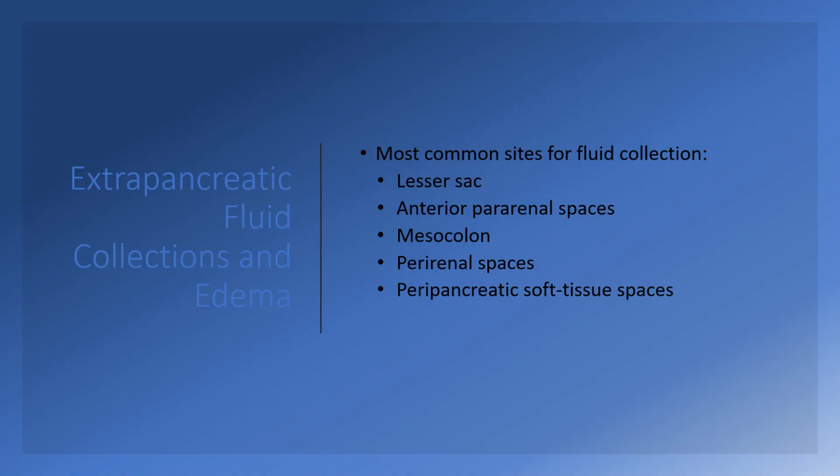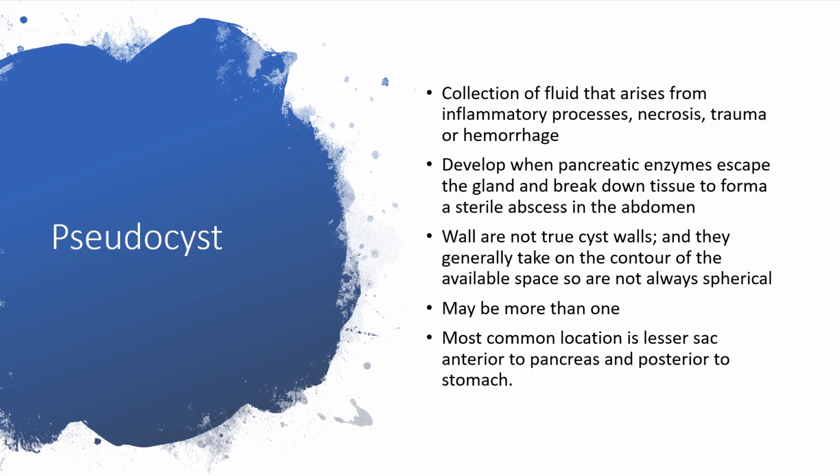Okay, so there we go. Lesser sac, anterior pararenal spaces. Other spots you might find them will be the mesocolon, perirenal spaces, and the peripancreatic soft tissue spaces.